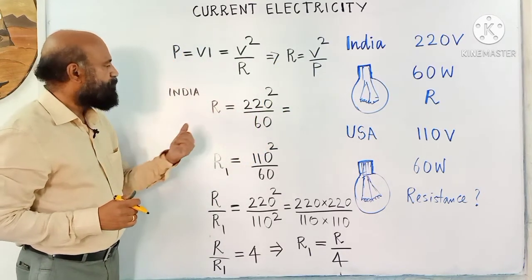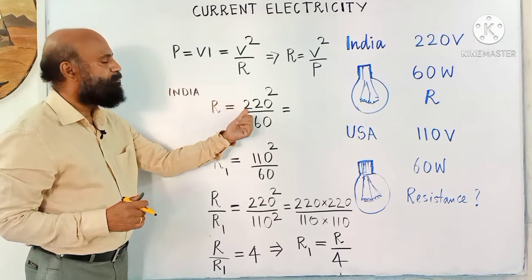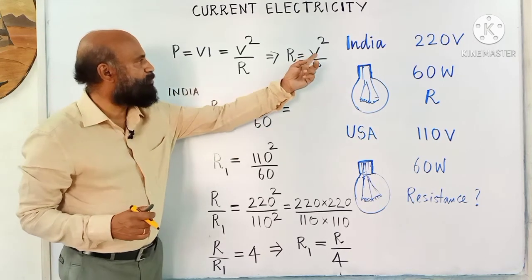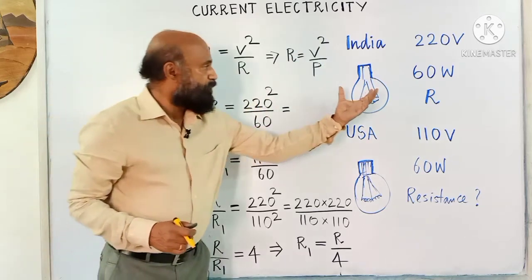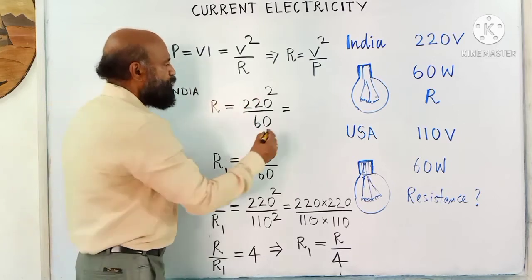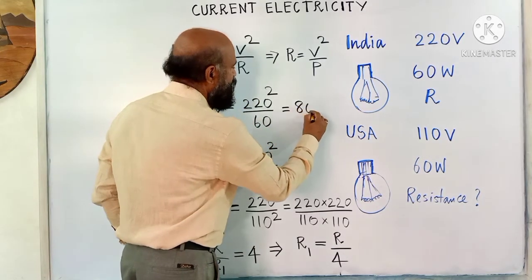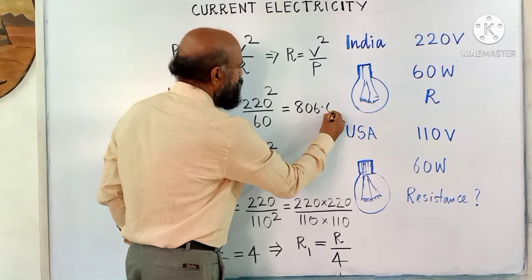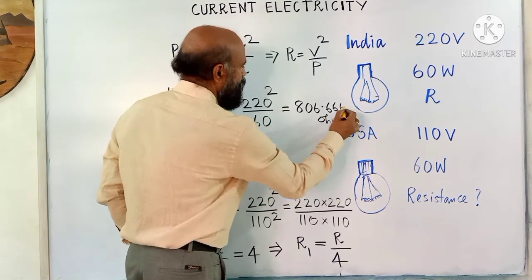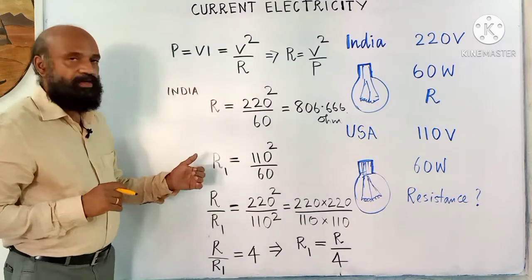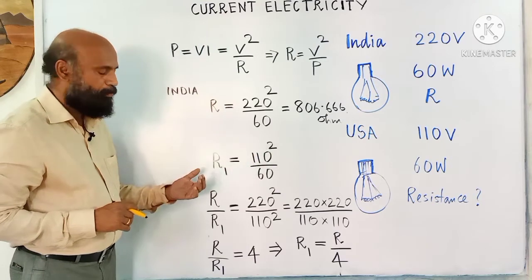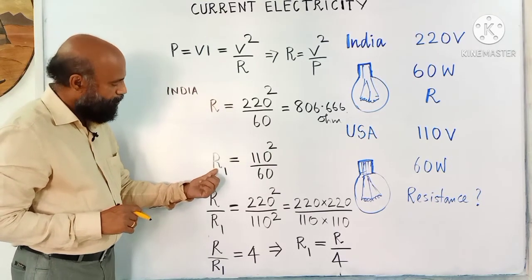In India, voltage is 220, so its square. Then 60 watt bulb, so power 60. So if you do this calculation, you will get 806.66. Resistance is measured in ohm. In USA, resistance of the 60 watt bulb, let it be R1.